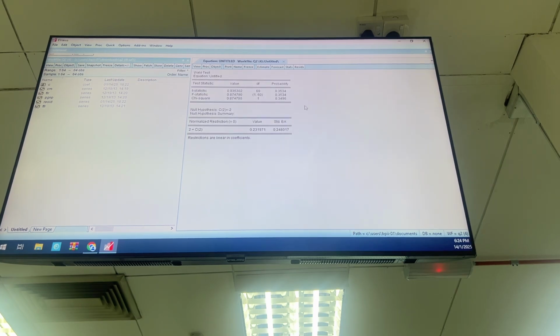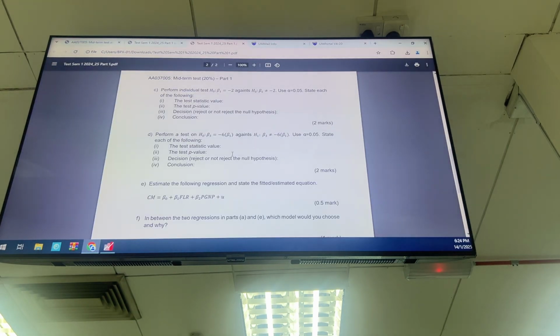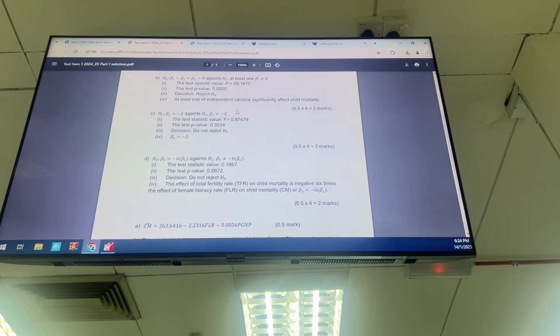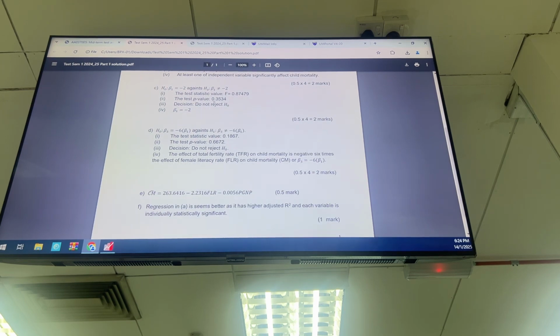Normally in lecture we use the F-statistic, but you can just use the t-statistic here, because it is from the same computation. Then you just conclude. Because the p-value is greater than 0.05, we do not reject, so beta 1 equals negative 2.